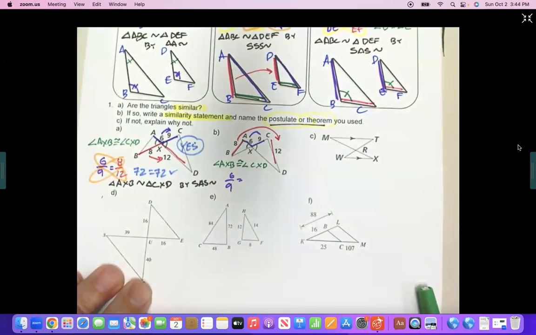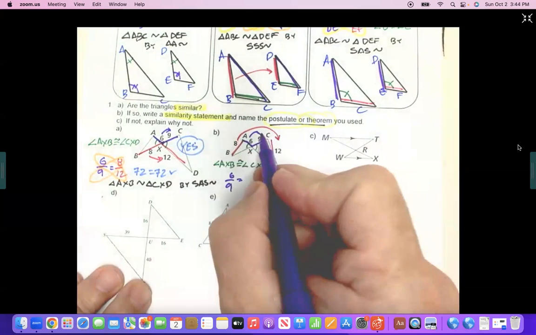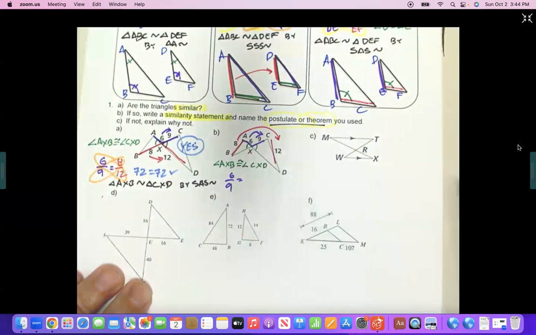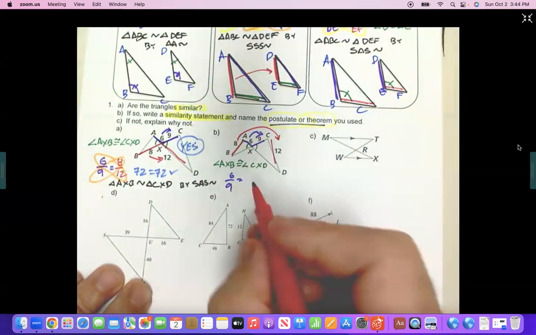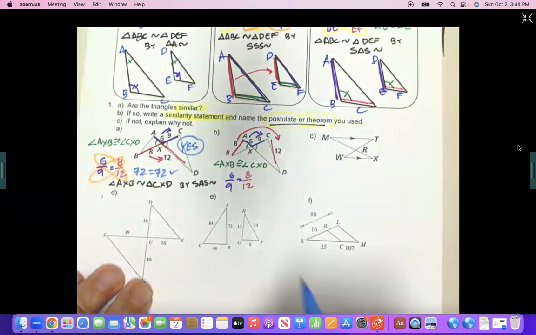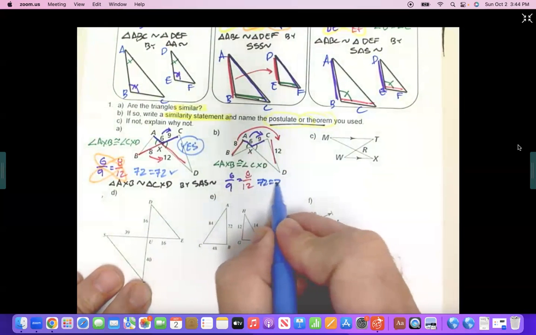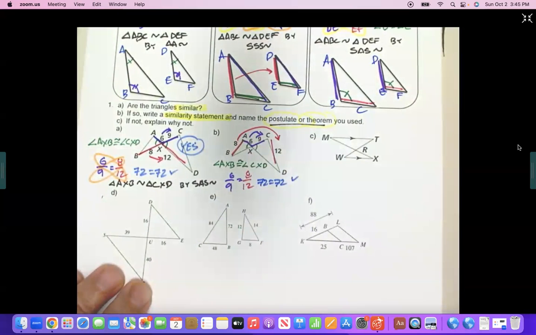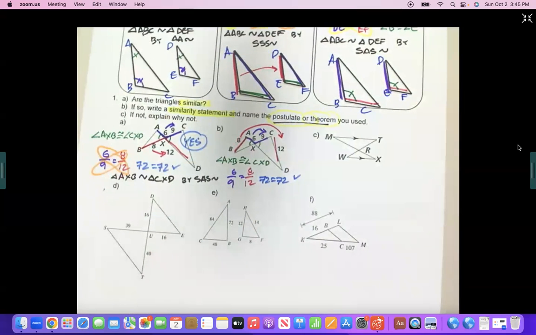I'm comparing the one on the left, the smaller one, to the one that's on the right. And the result will give us the same cross products of 72.